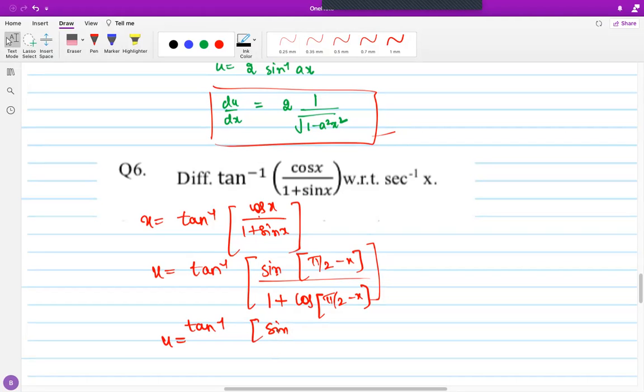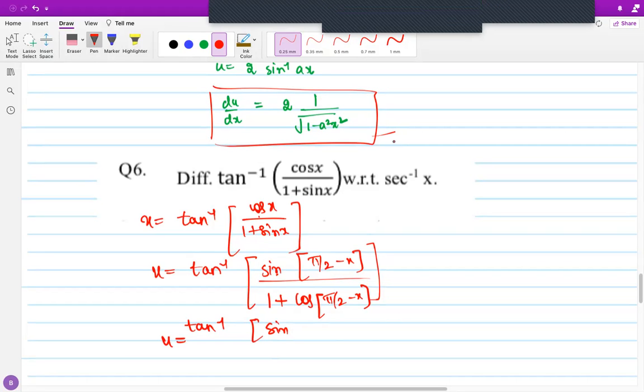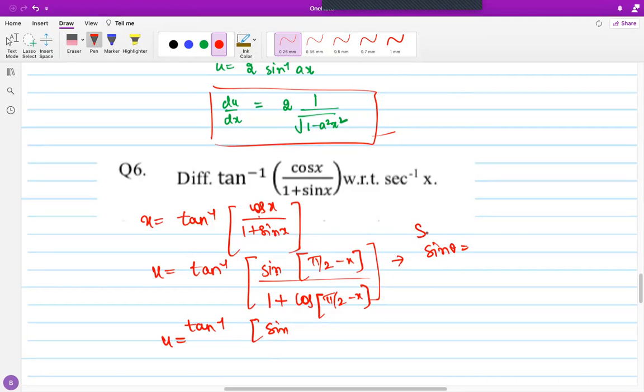Here I'm applying a formula. The sine 2 theta formula is what? 2 into sine theta into cos theta. Similarly, sine theta will be 2 sine theta by 2 into cos theta by 2. So now what is happening here?